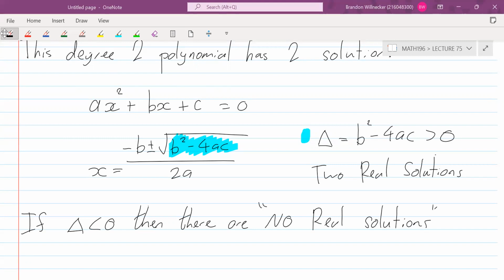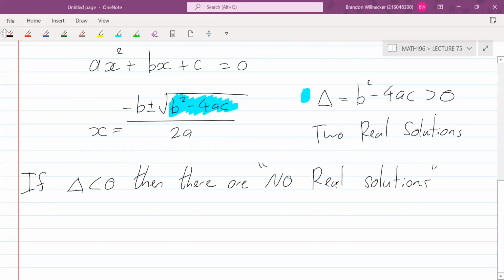So what do we mean when we say no real solutions? What we actually mean is that there are complex solutions. So what are these complex solutions, or complex numbers?